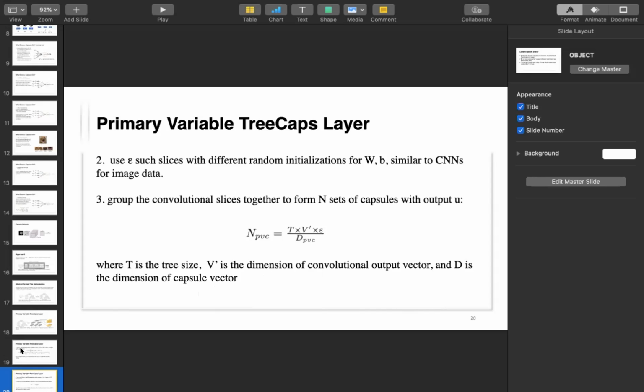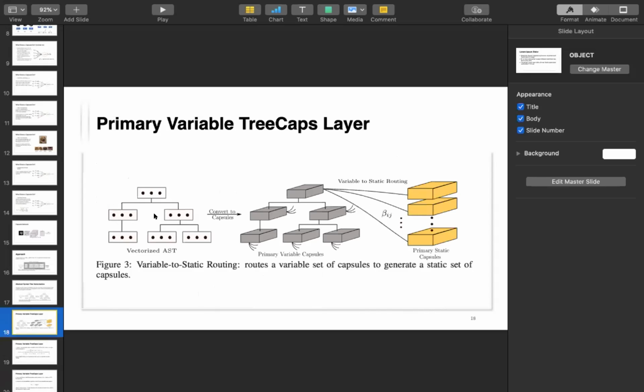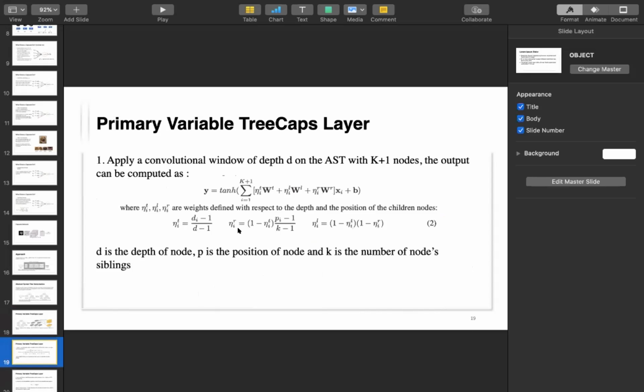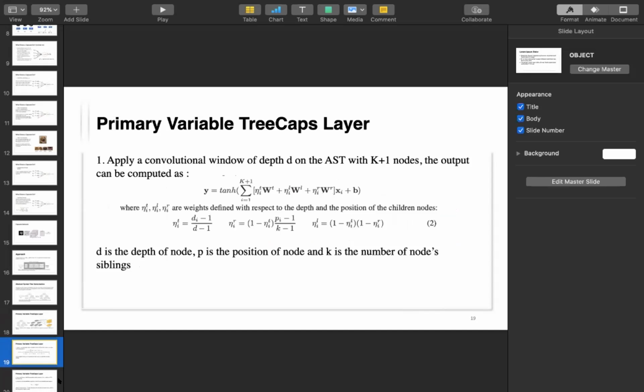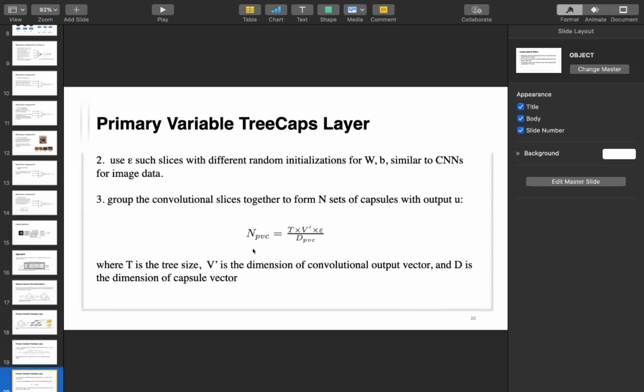So that means we apply different convolutional windows on this tree, and we group the output to calculate the Y, and we group all the Y together and divide it into capsules. This is what this step means.